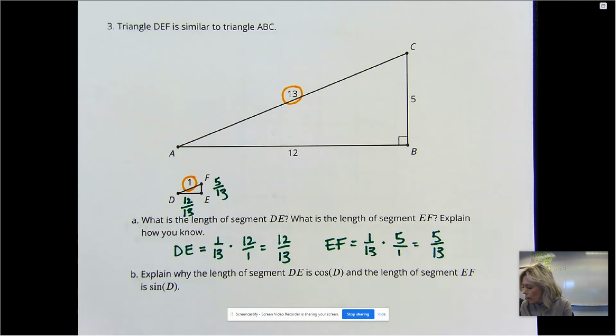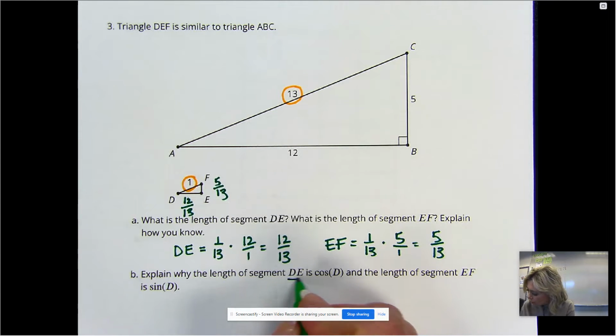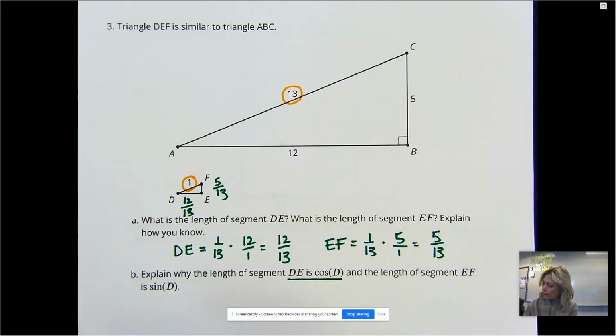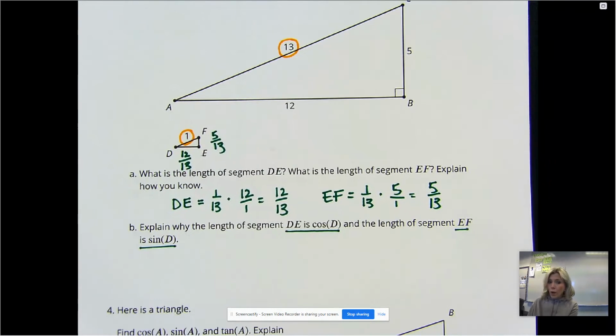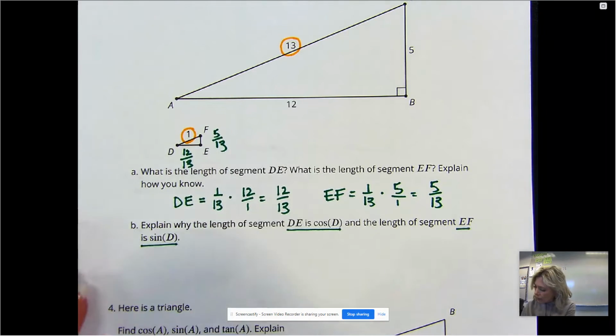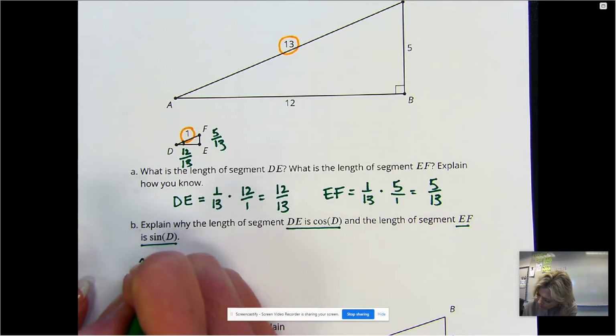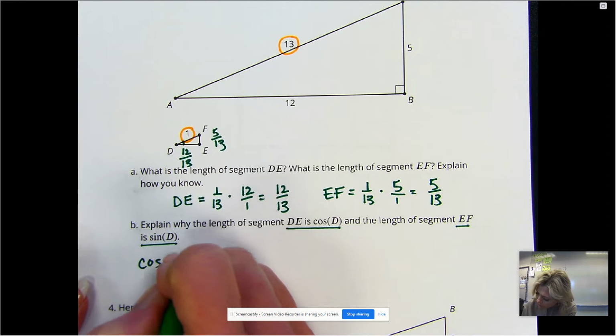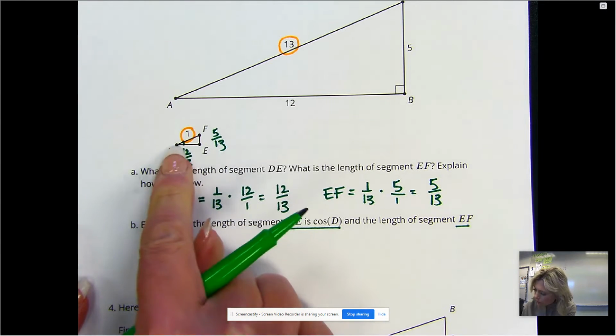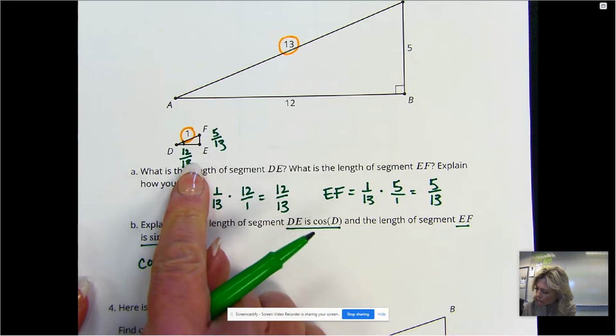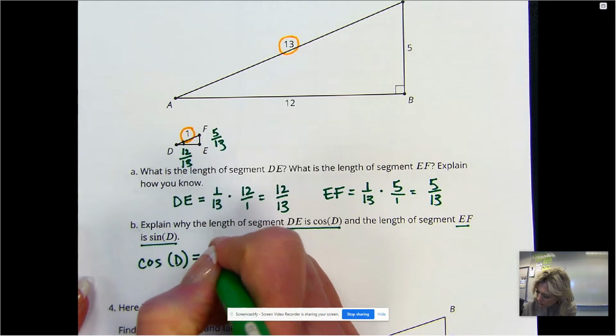Okay, explain why the length of segment DE is the cosine of D, and the length of segment EF is the sine of D. Well, the reason why is because the hypotenuse is 1. So for this angle here, D, the cosine of D is equal to the adjacent side, 12/13 divided by 1.